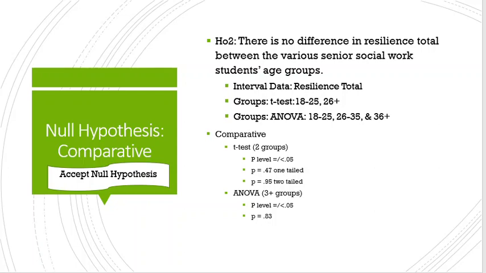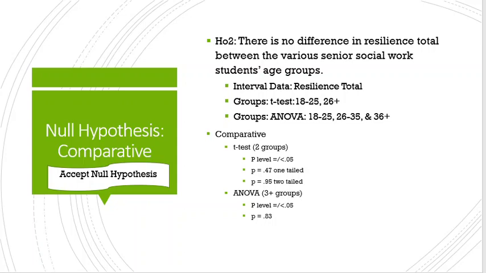So let's examine how to determine whether we will accept or reject the null hypothesis based on the p-value. For most social work science research, we utilize a p less than 0.05 to determine if something is statistically significantly different.